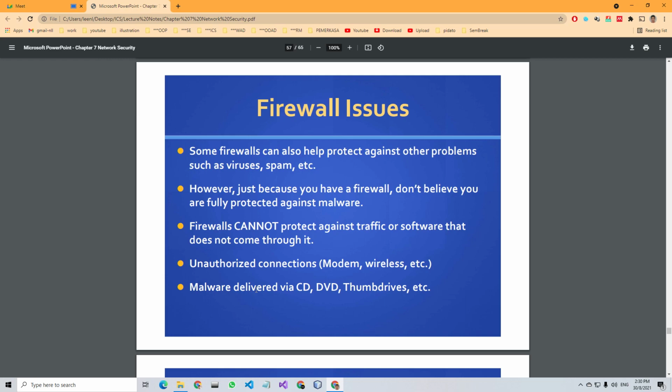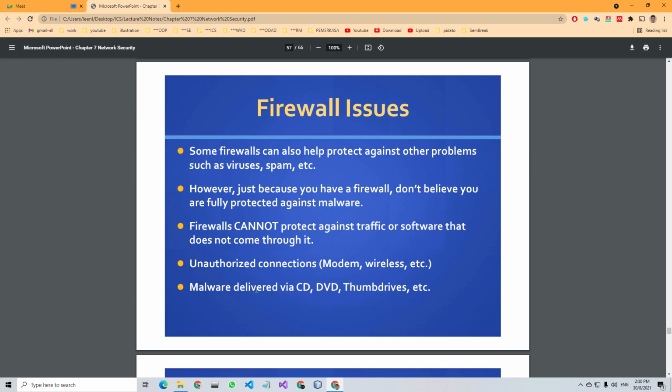None of the tools, firewall, or even anti-malware, no matter how complete the anti-malware software is, will guarantee 100% protection.